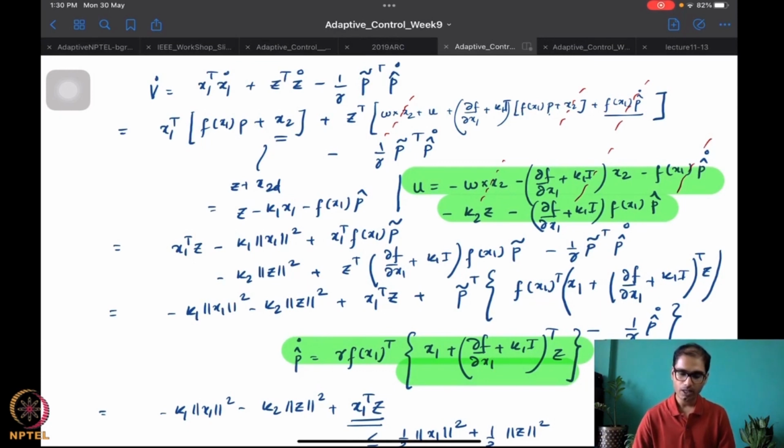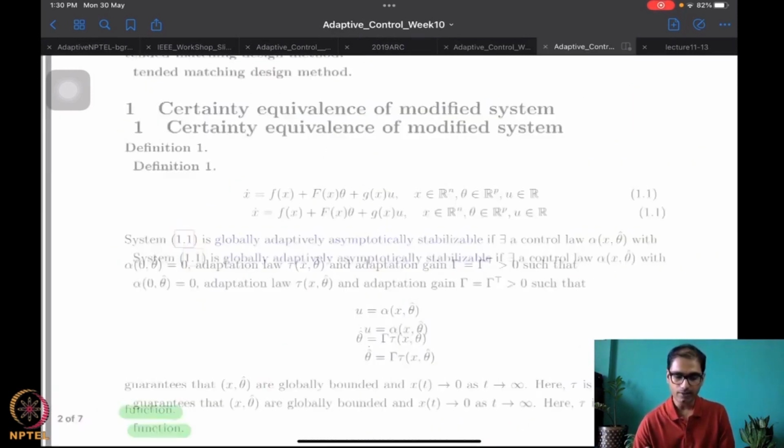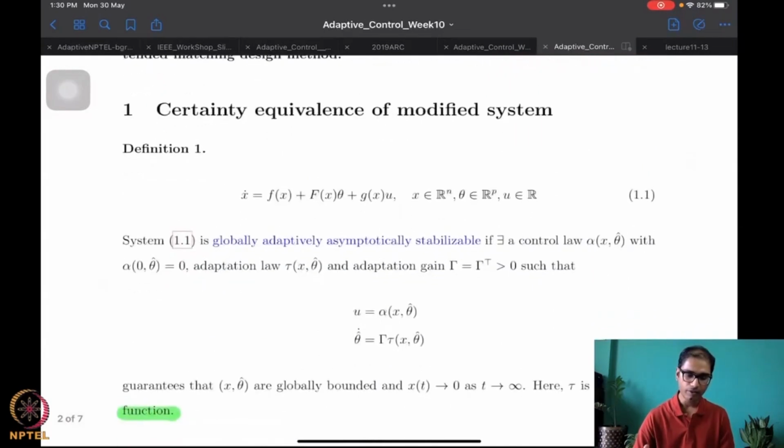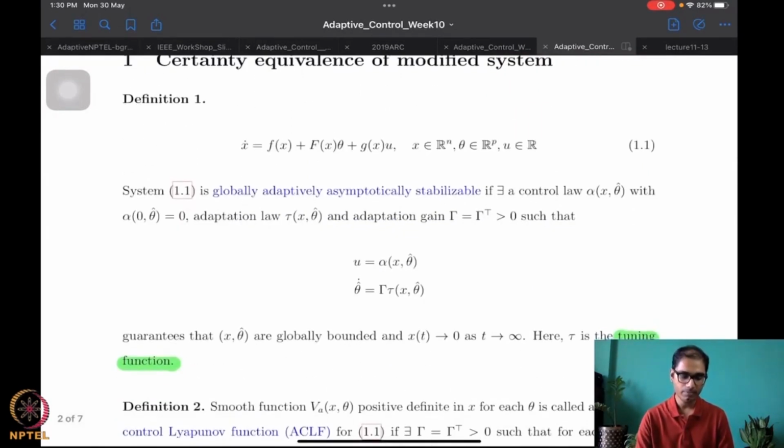So we then wanted to alleviate this issue, and so we have started looking at the tuning function method for adaptive design. The first piece that we saw last time was the definition of global adaptive asymptotic stability.